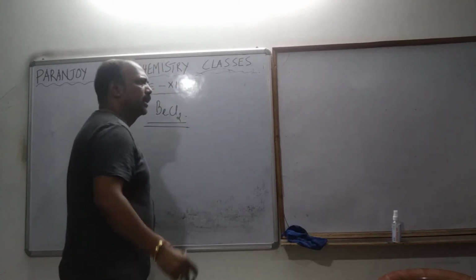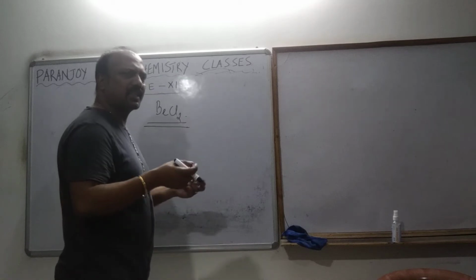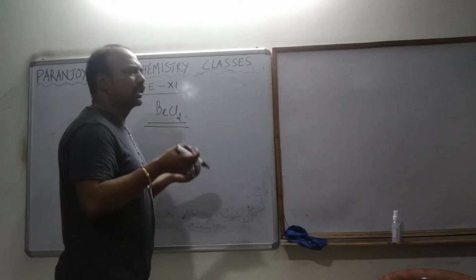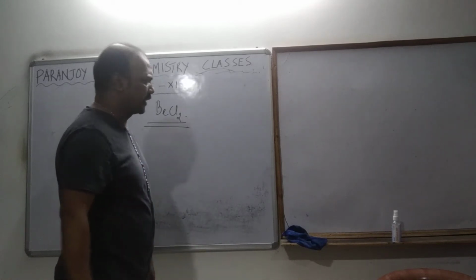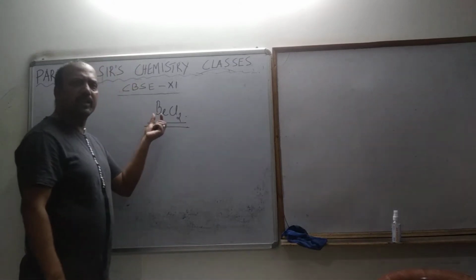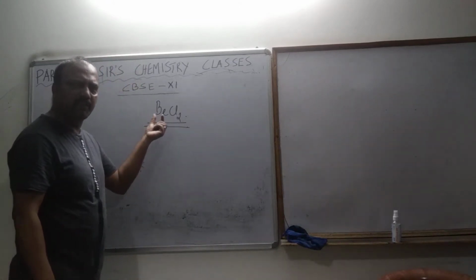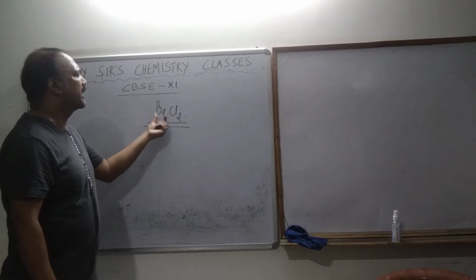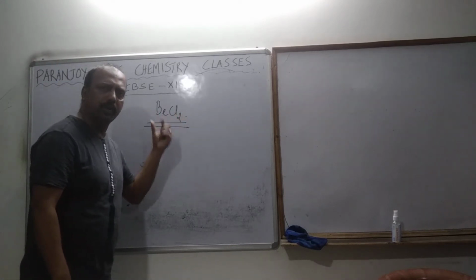Try to understand, it's again completely based on the valence bond theory, VBT. What is the central atom over here? Be is the central atom, and we know Be is forming two bonds with two chlorines.